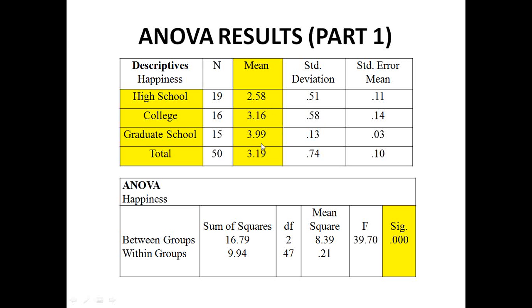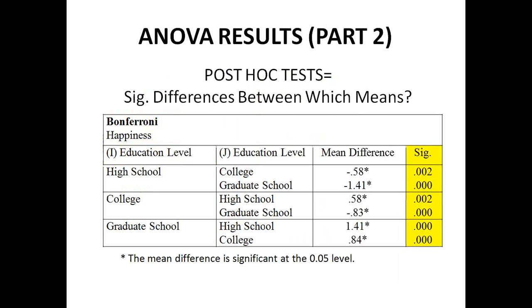But still, we don't know, is 3.16 significantly higher than 2.58? Is 3.99 significantly higher than 2.58? We don't know. We need to look at the next table, which are the post hoc tests.